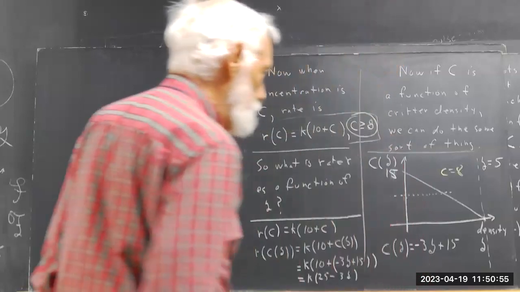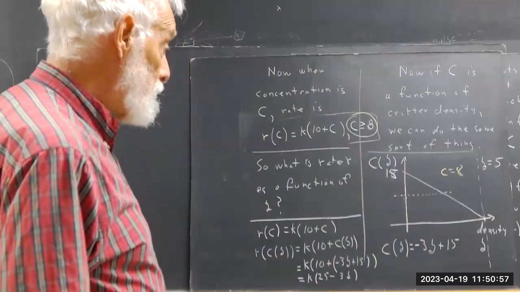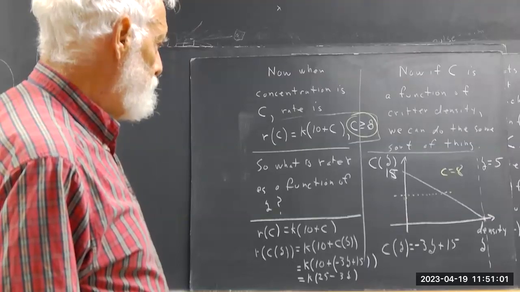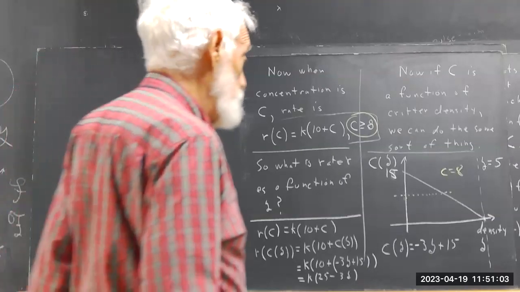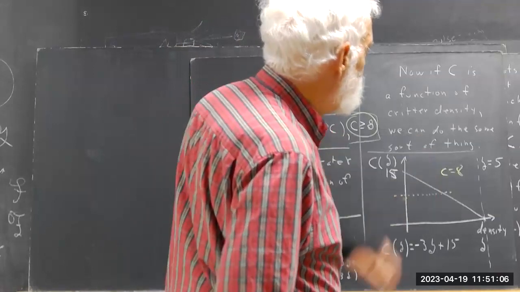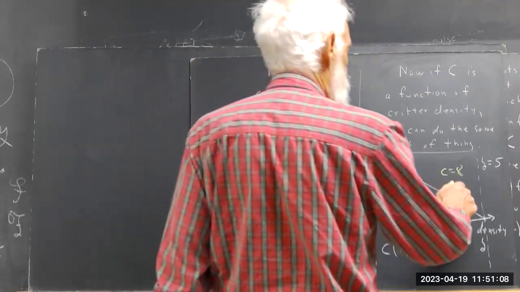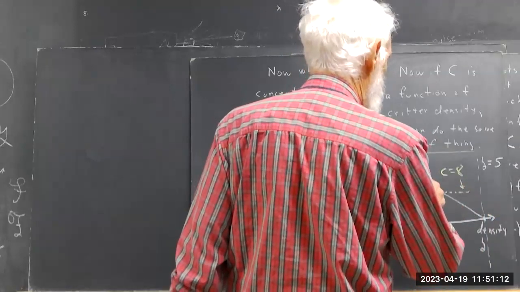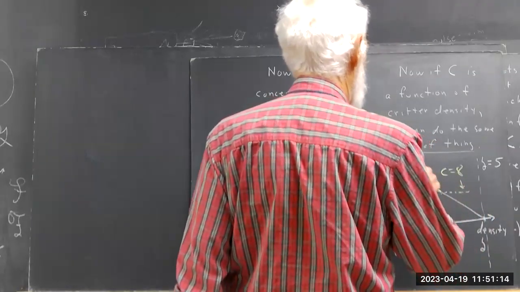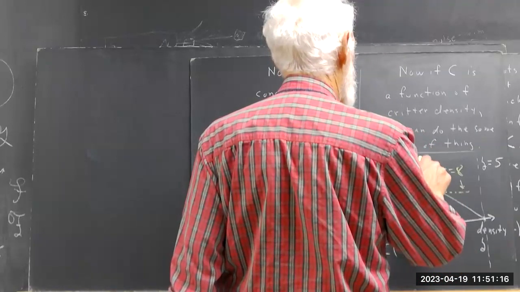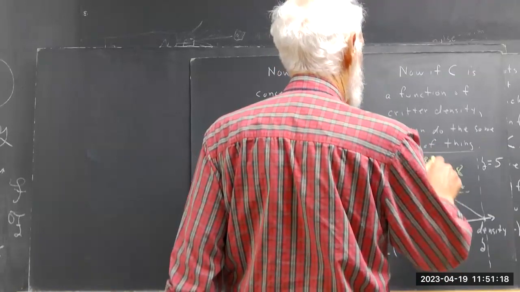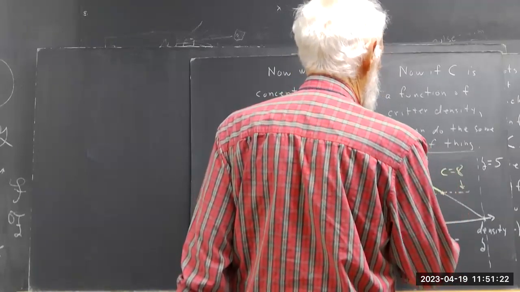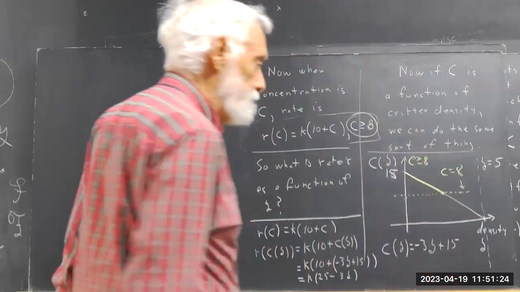I probably didn't do a very good job of locating that line, but so be it. Well, C is greater than 8 on this line. So for this much of the curve, including this endpoint here, C is greater than or equal to 8.